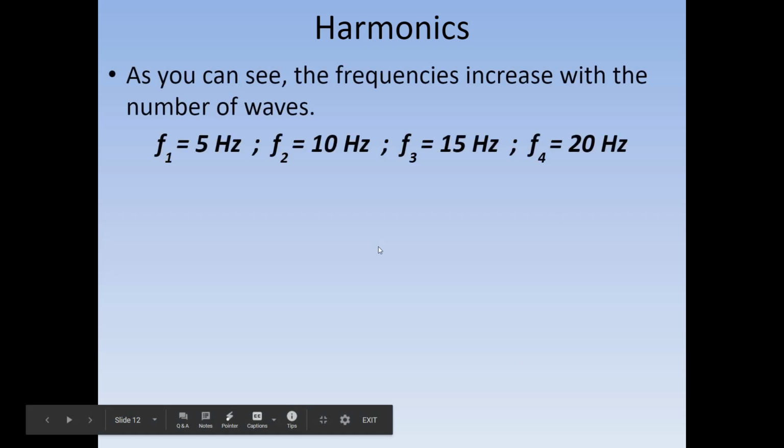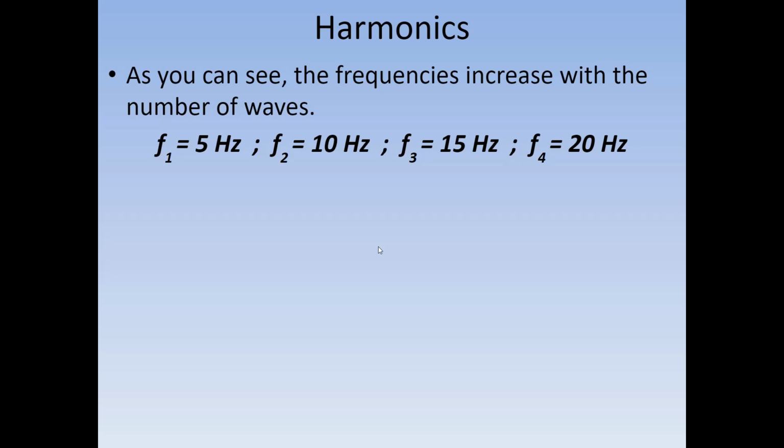As you've probably seen in some of the practice problems, the frequencies will actually increase as we go to each harmonic. So the first standing wave you could produce would have a frequency of 5 hertz. Then the next one would be 10 hertz. The next one's 15 and 20 and so on. This is something that's going to be a common pattern.